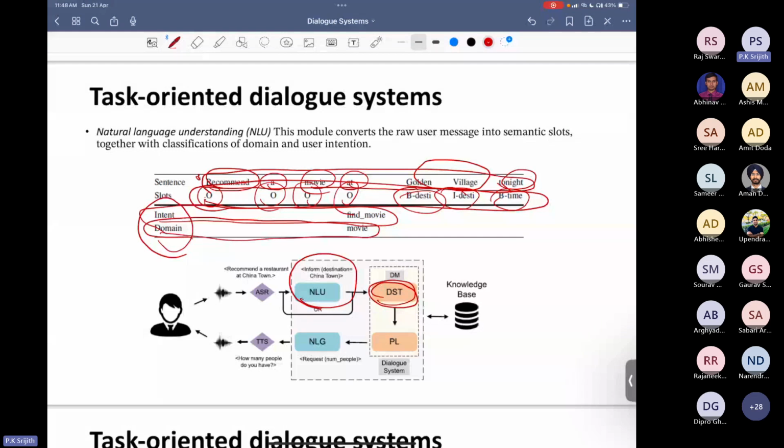Once the dialog state tracker feels it has enough information to query a database to generate some action, like booking a movie ticket or a hotel accommodation, it can do that, based upon the information it has collected so far. But specifically, this is the objective of the natural language understanding component.